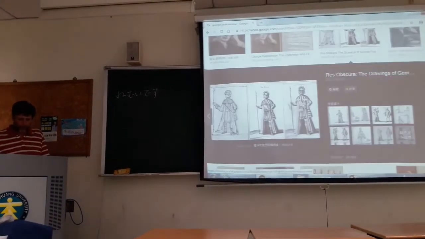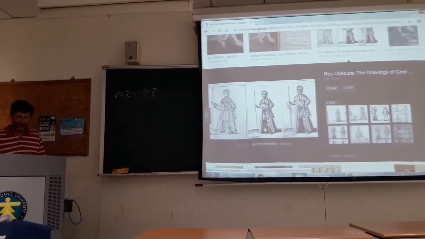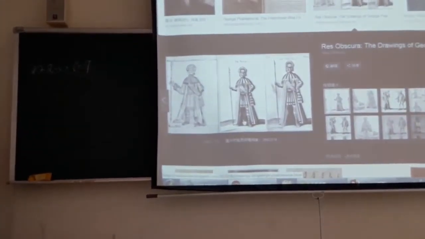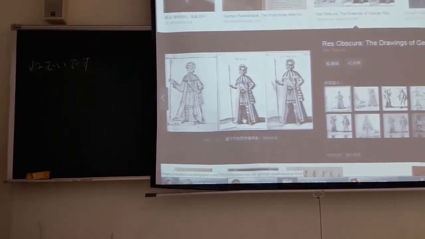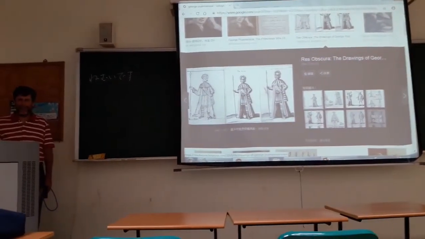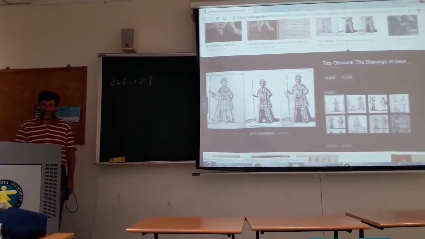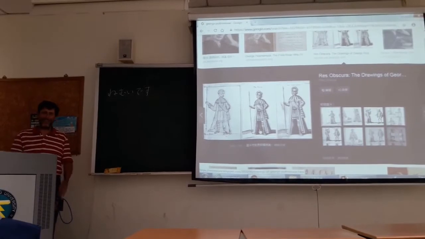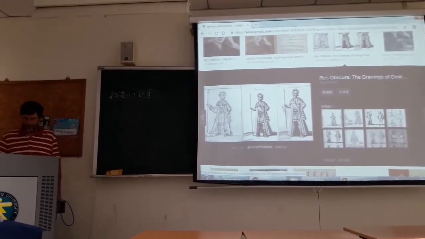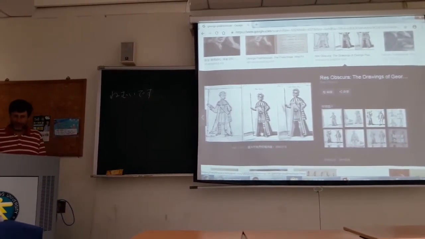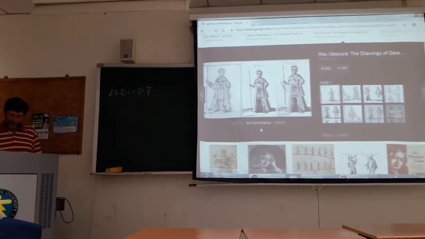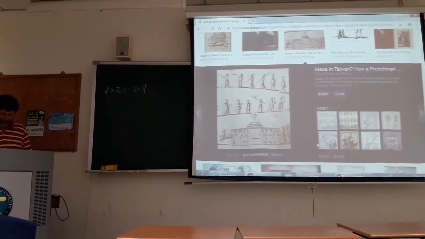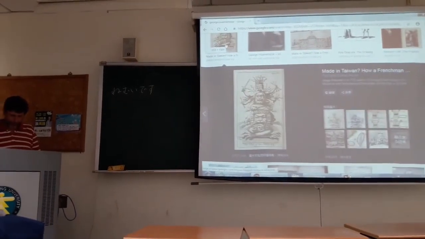Here are some pictures of Taiwan people from his book. These are lies. He wasn't Taiwanese. He was from the border of France and Germany. Eventually people found out, and he apologized and admitted it, but it was an interesting lie. Here's more images from Taiwan.